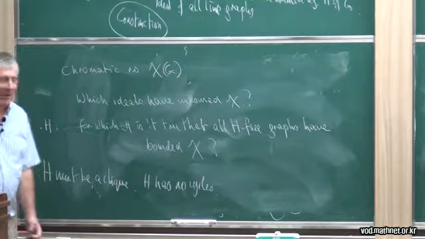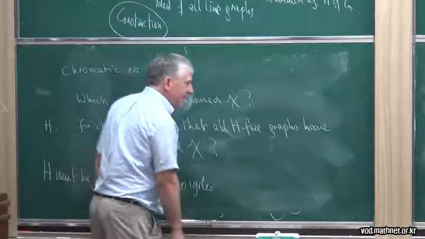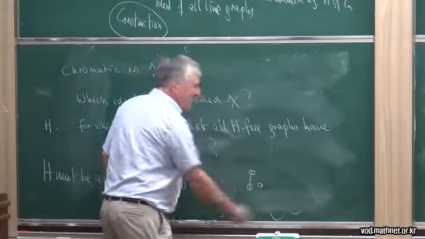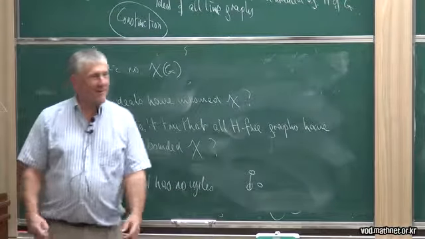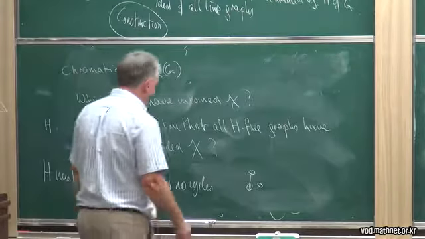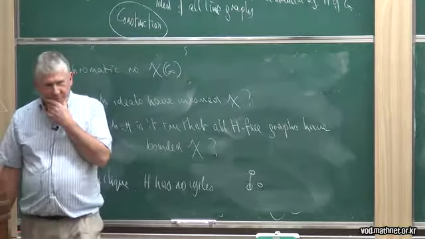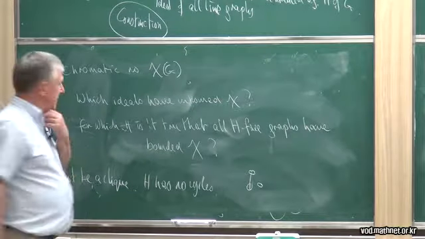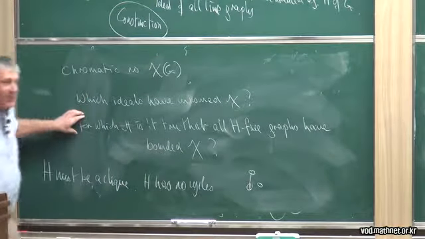It's very, very small. There's three such graphs, right? There's this one, and that one, and that one. And that's the complete list. So not a very interesting question after all. I mean, it looked like it might have been fun, but actually it's not interesting.